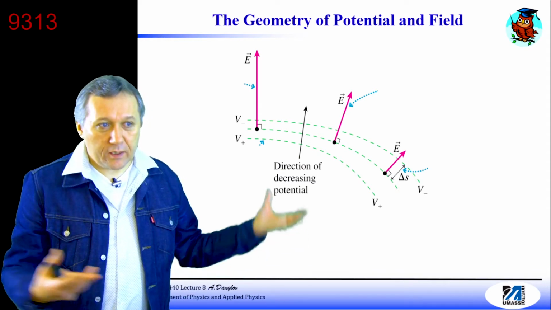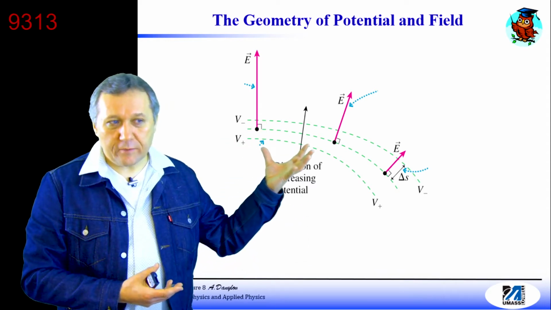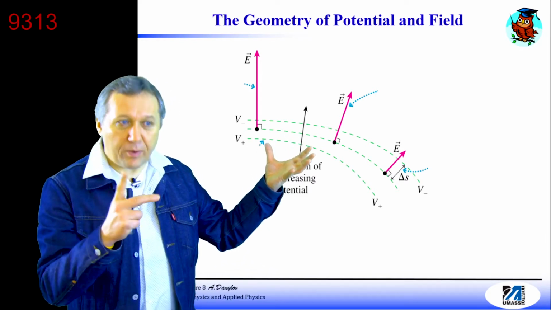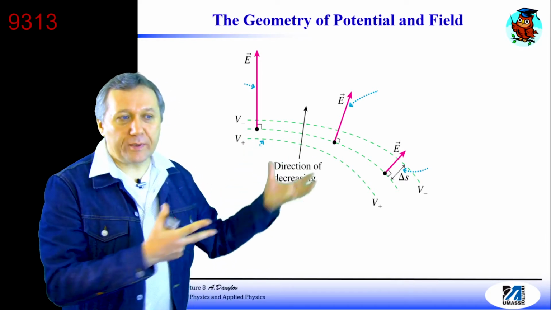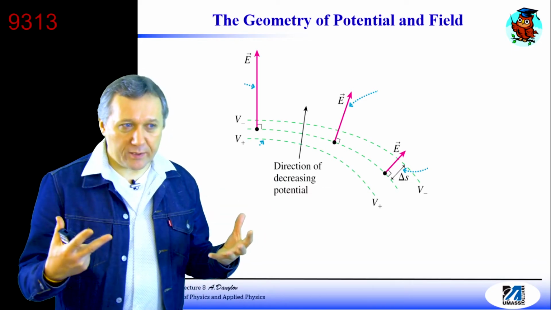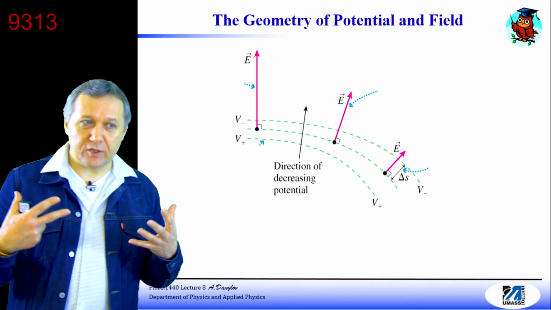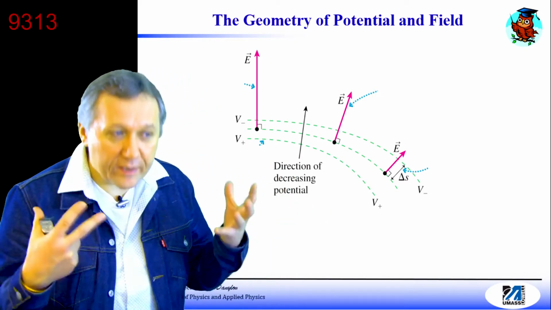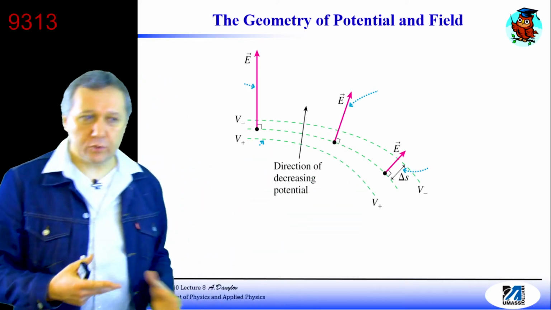Right? And so how can we get information about the electric field, when you have equipotential lines, when you have some information about the electric potential? So how can we get information about the electric field from pictures like this? Quick information without diving into those formulas, right?